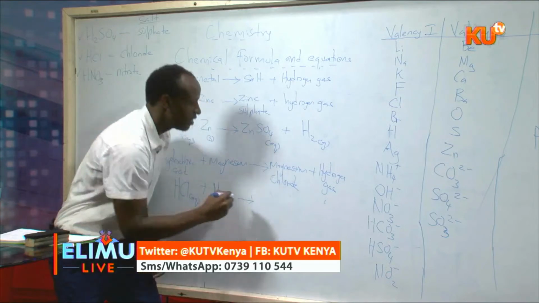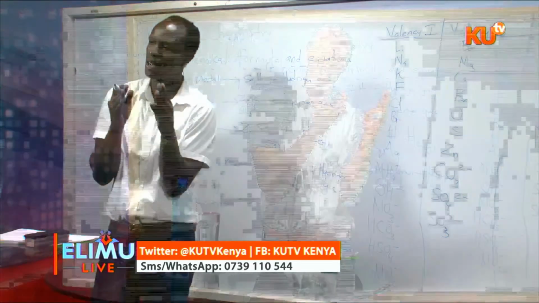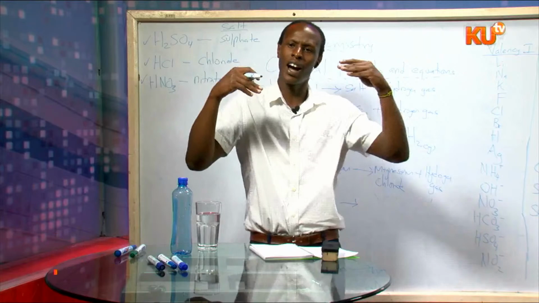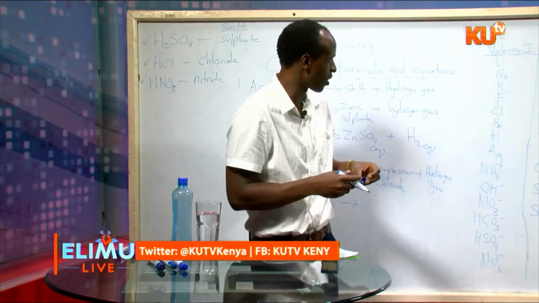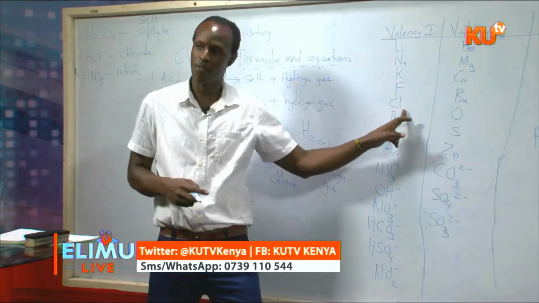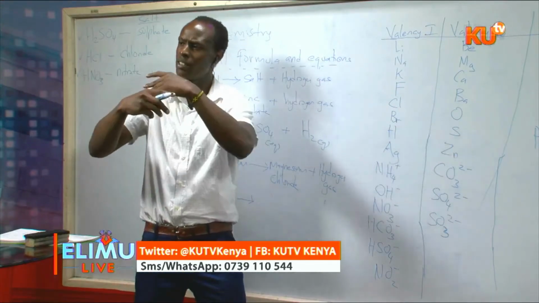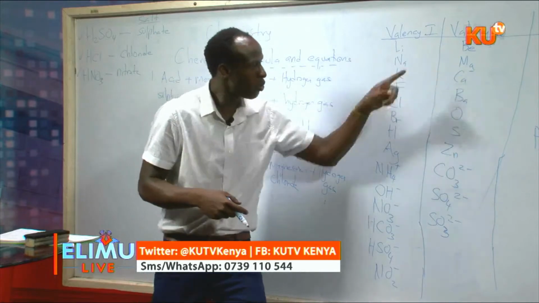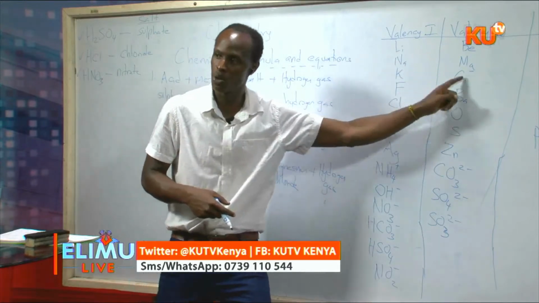We get the salt magnesium chloride, which is magnesium and chlorine. So here we have to use valency and come up with the formula of magnesium chloride. Magnesium is Mg, valency 2. Chlorine is Cl, valency 1. When you interchange the valencies, the 2 goes to chlorine and the 1 goes to magnesium.